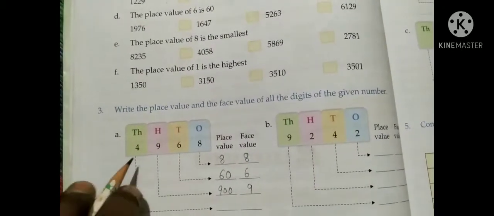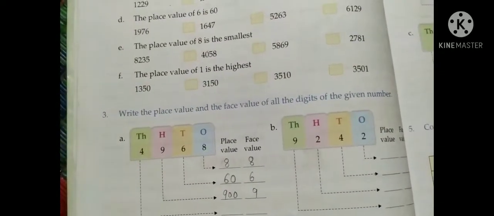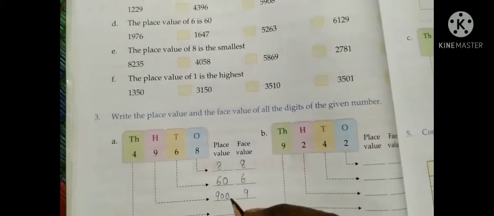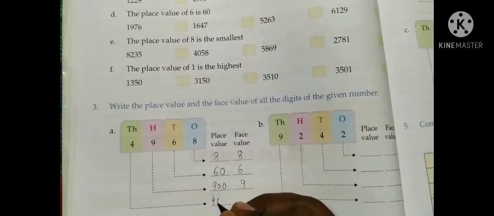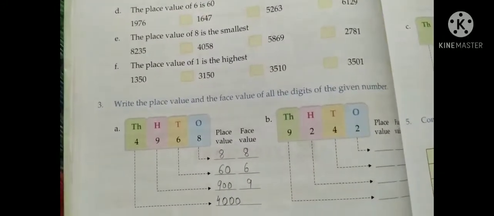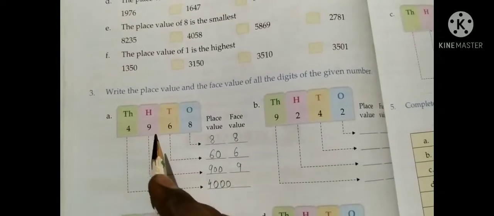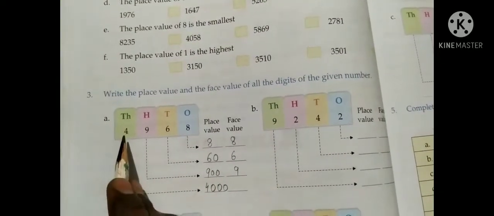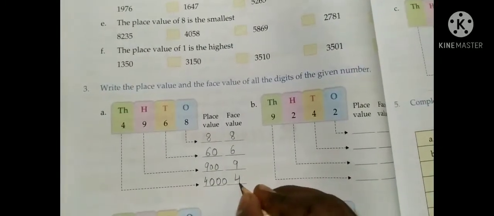Then 4 is on 1000 place, so multiply 4 with 1000, it will become 4000. Next, the face value will be the number itself, which is 4.